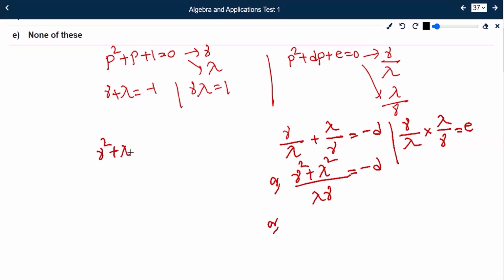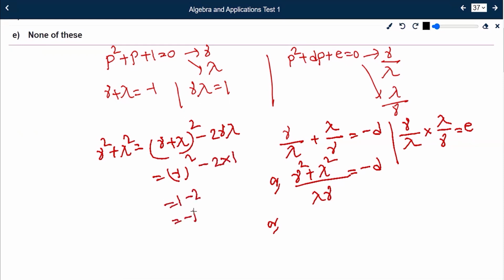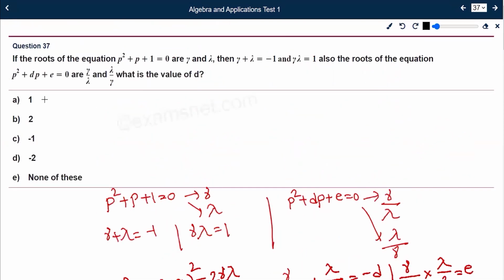If I treat it as a square plus b square, from the identity I can write it out. Let's put the values from the first quadratic equation, that is minus 1, correct? So here minus 1 by 1 equals minus D. That means the value of D is 1. So here option A is the correct answer.